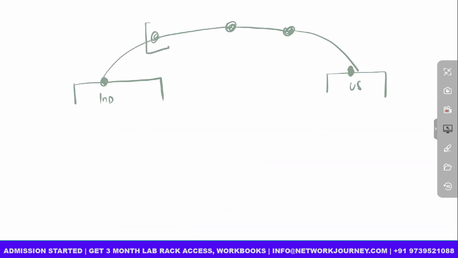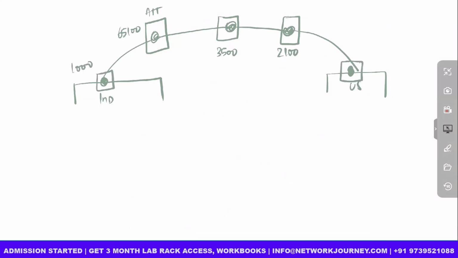So this service provider will have an autonomous system assigned in this range. This service provider will have some autonomous system. This will have some autonomous system. Similarly, this will have an autonomous system. This will have an autonomous system. This is very important for your path manipulation also.